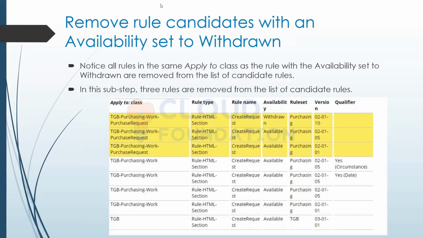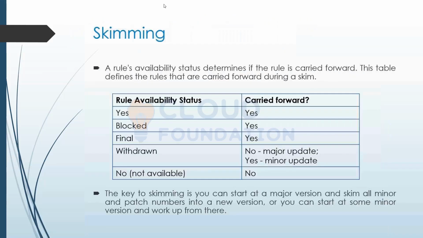Here, if you observe, let me just do this. Now look at this part where, depending upon the rule availability, it is decided whether the rule is carry forwarded or not. If you observe, it's with respect to the major version.